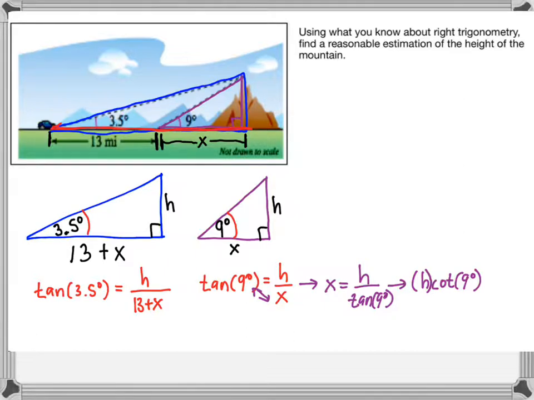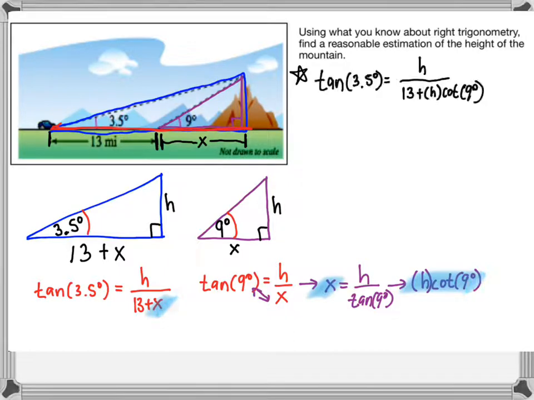Since X equals that, I'm going to put it in for X and see what comes of that. Let's plug it in and start working it down. We end up with this statement.